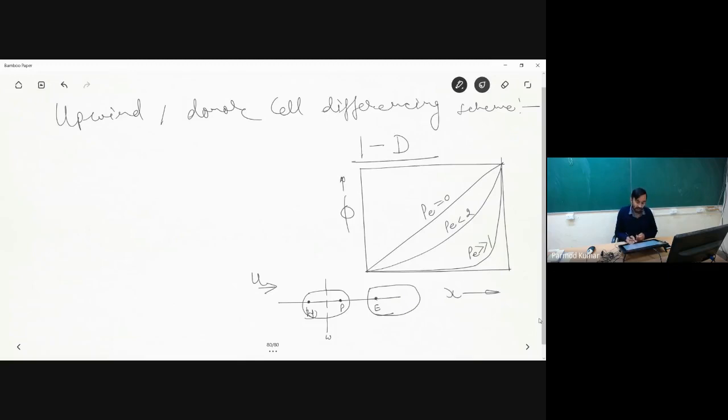Obviously, at any point, to calculate the variation of any field parameter, I have to give more weightage to the upstream nodes.